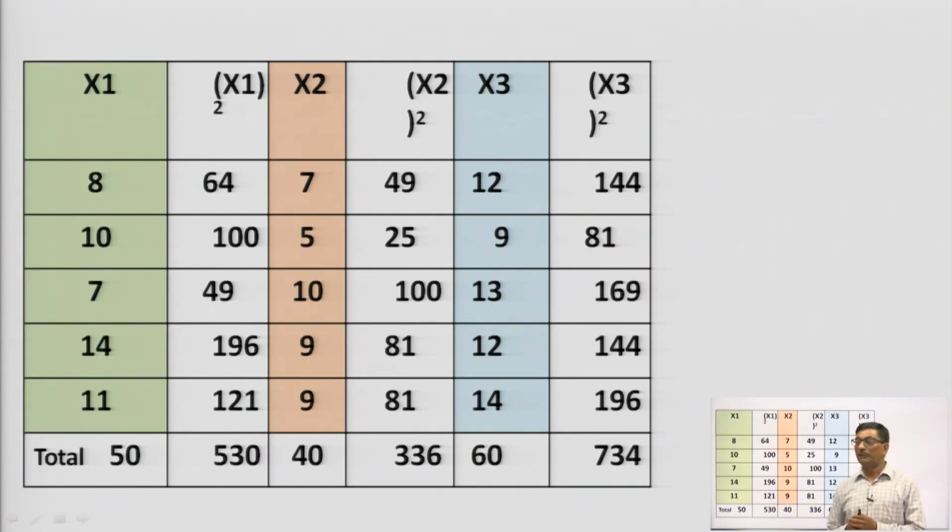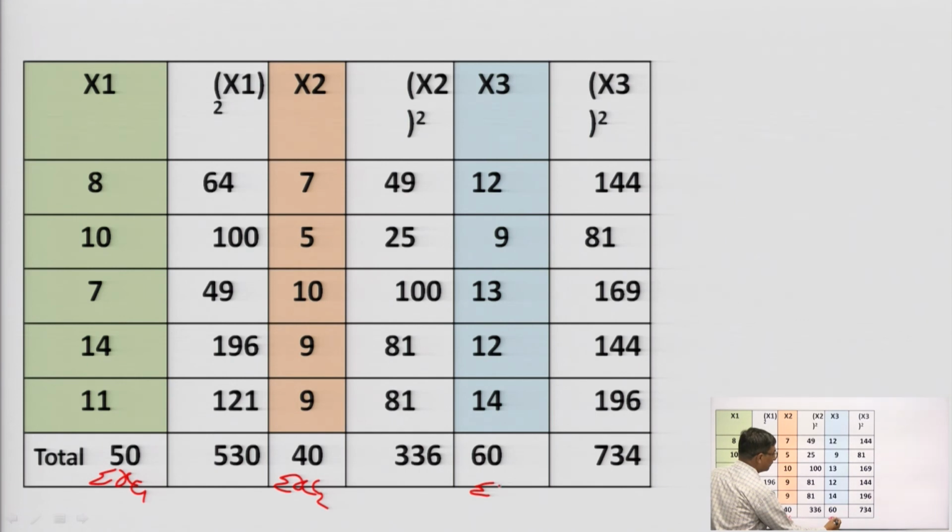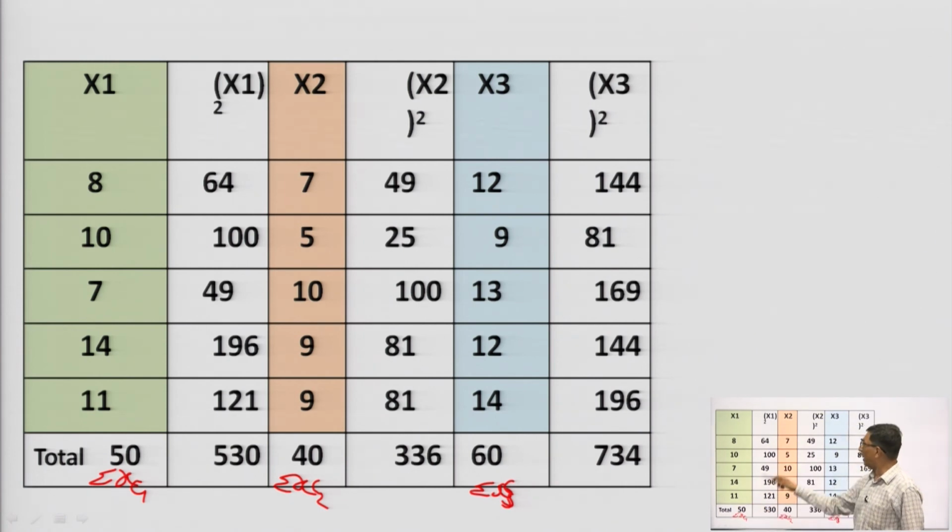To solve this, first we find the sum of x 1, summation x c 1, summation x c 2, and summation x c 3, and then the squares of the values. So, first of all we find the sum of x 1, x 2, x 3, then we find x 1 square, x 2 square and x 3 square.